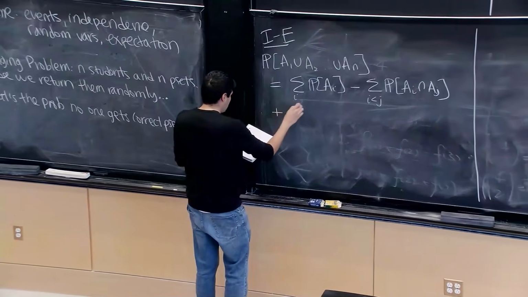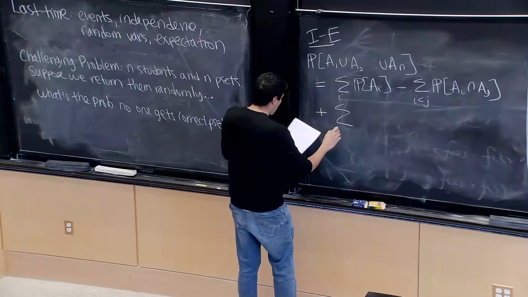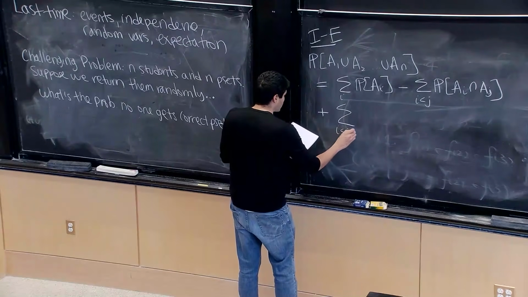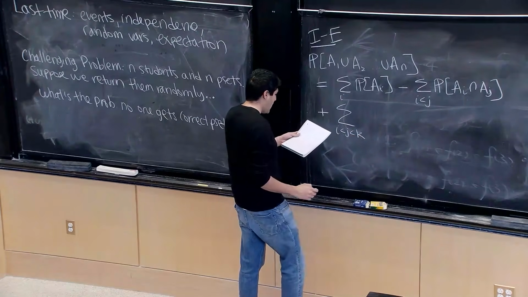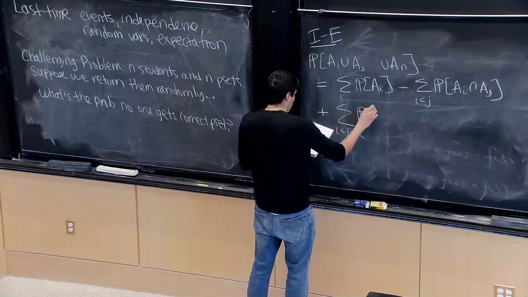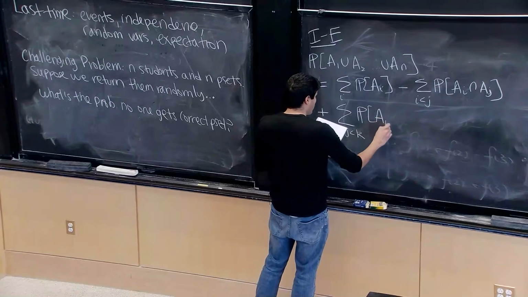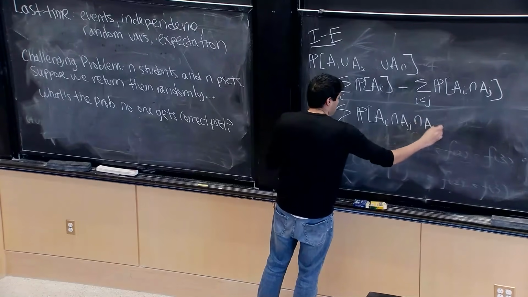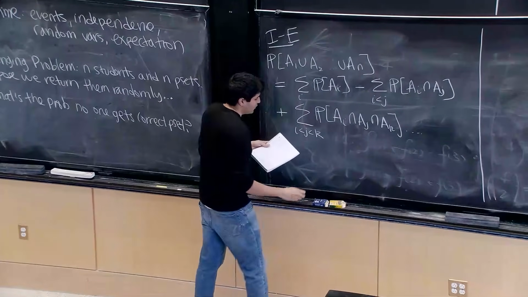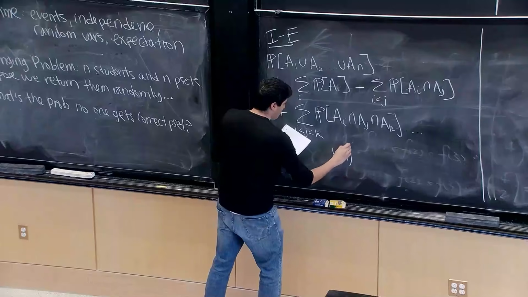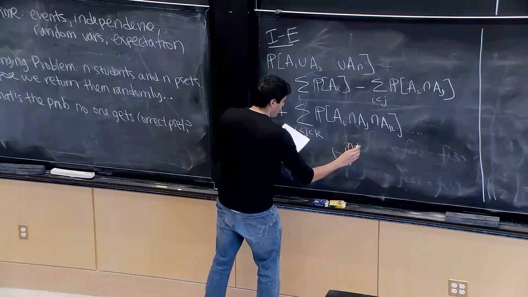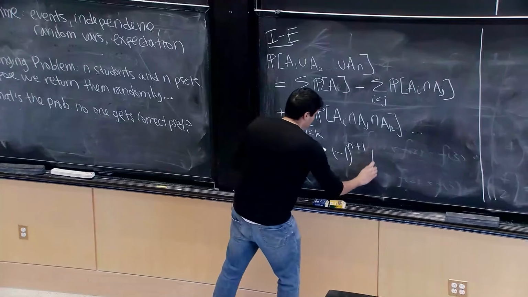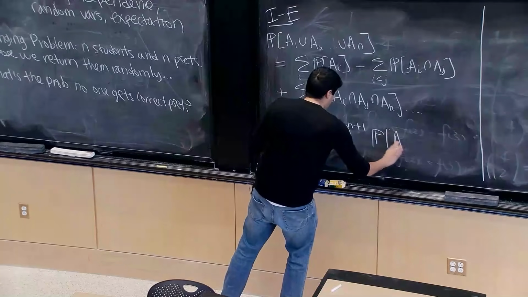The next term in the expression will fix the fact that we've undercounted. We'll look over triples, the sum over all i less than j less than k of the probability of their 3-wise intersection, and so on. And the last term in this expression is just minus 1 to the n plus 1 times the probability of all of the events.